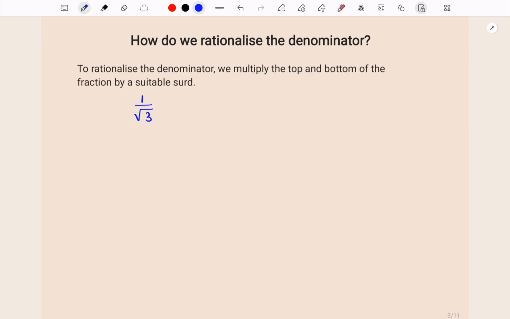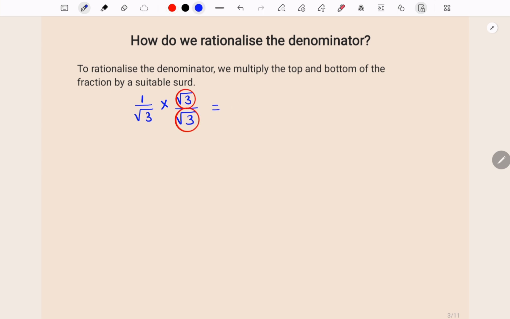So what if I multiply this fraction by root 3 over root 3? Here I have multiplied the top with root 3 and the bottom with root 3 as well.